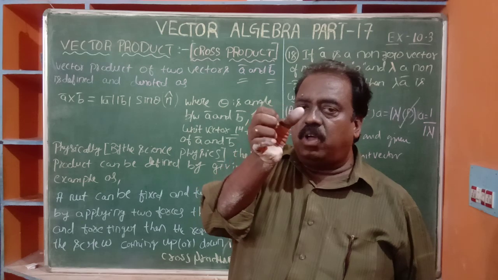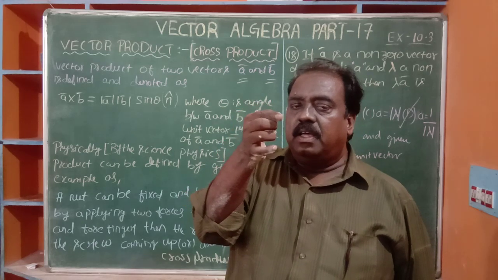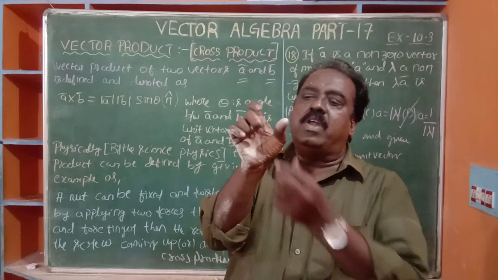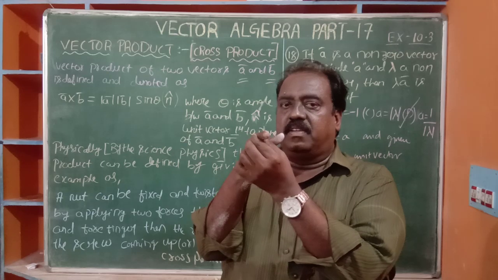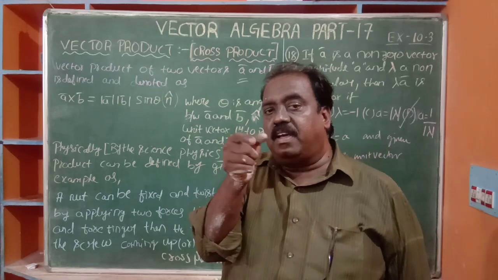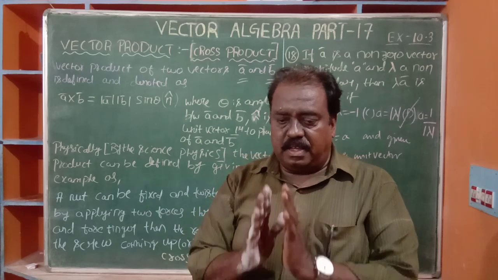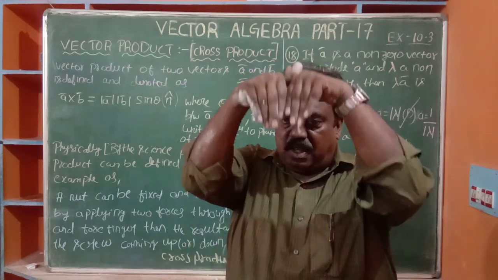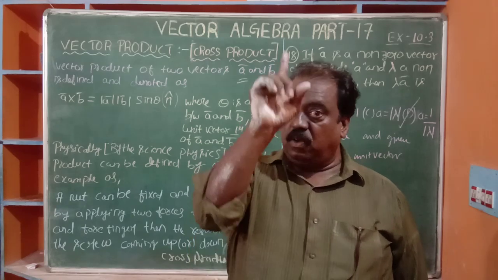Right, this is one way and it is another way. We are using two forces, one through the thumb and another through the forefinger. So two forces are applying on the nut. The result is the screw is going up or down, that is, vertically, perpendicularly.